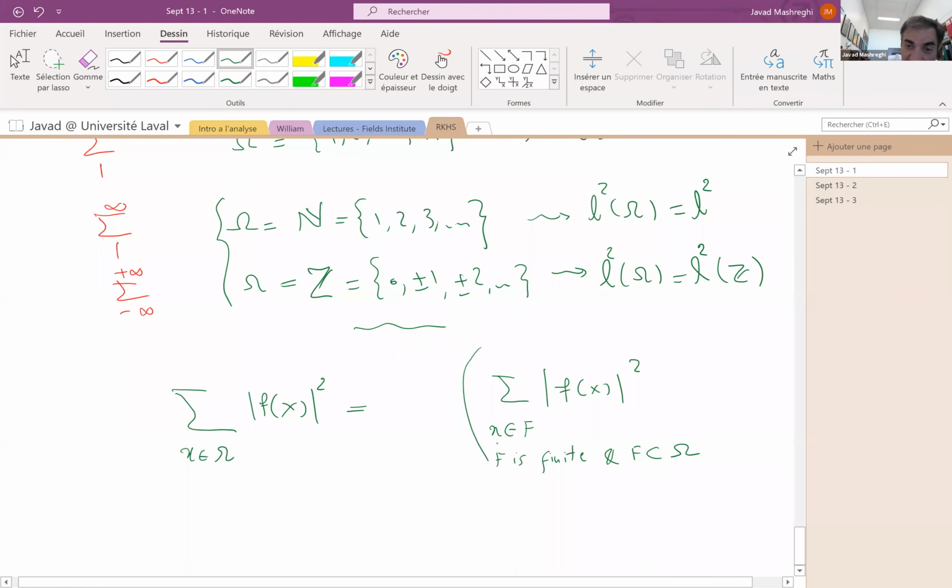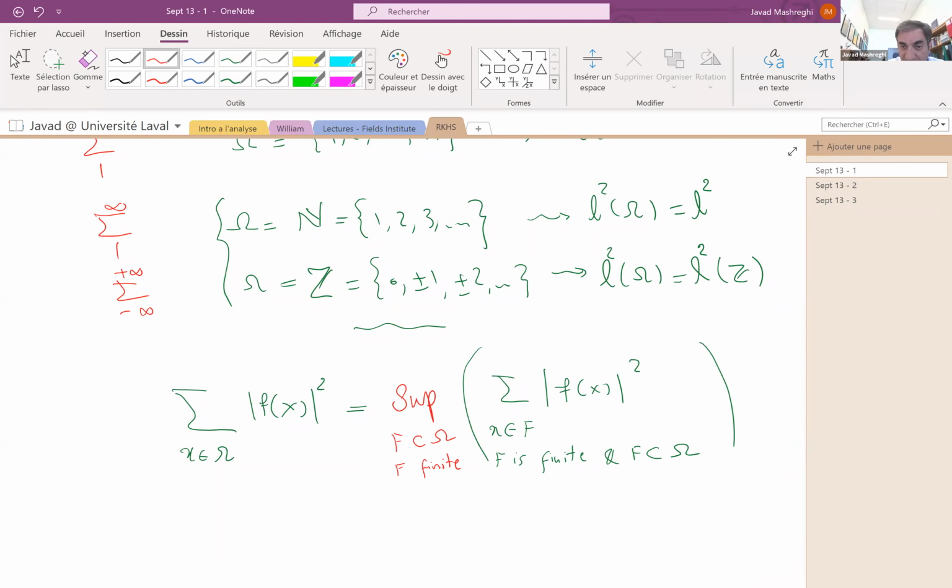So what we have here is something which depends on F. And now you put the supremum here over all F in Omega, F finite. Indeed, since F in Omega, F finite is written, I can remove it from here.